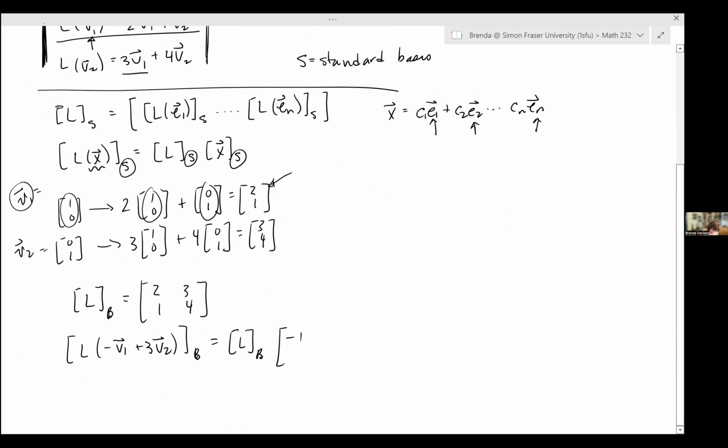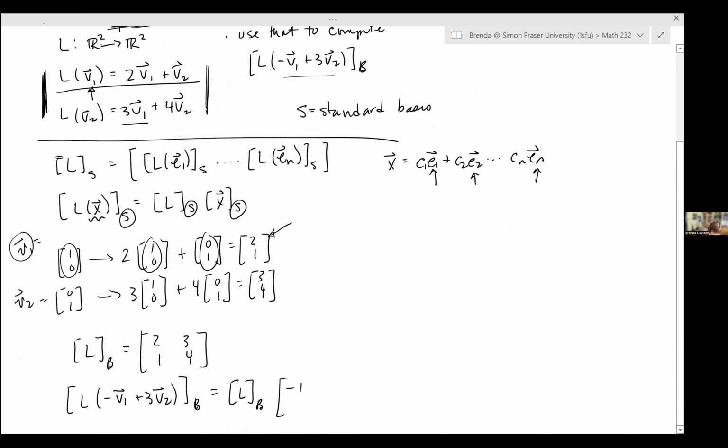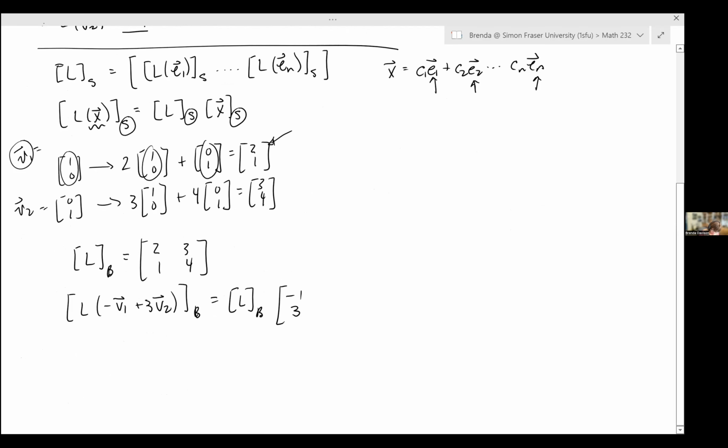Yeah, so multiplied by the vector that represents the linear combination of these basis vectors. So this minus 1, 3 is coming from the fact that I am asking what happens to this linear combination of the basis vectors. I can now do this multiplication. 2, 1, 3, 4. I multiply by minus 1, 3, and I get 7, 11. And that answers the 2 questions. Okay, that is question B1.